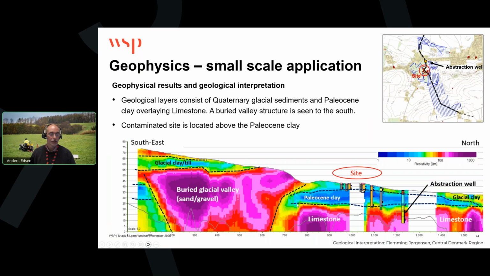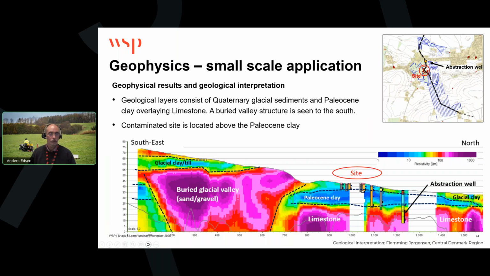Also, this big structure to the left represents a buried glacial valley filled with sand and gravel. Note that this gray line crossing the profile represents the reliable depth of penetration of the measured data. So the interpretation is quite solid above this line, but should be taken with more care in the lowest part.